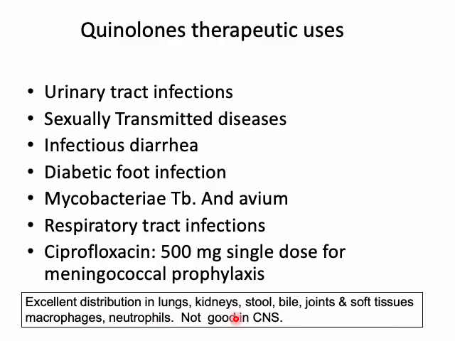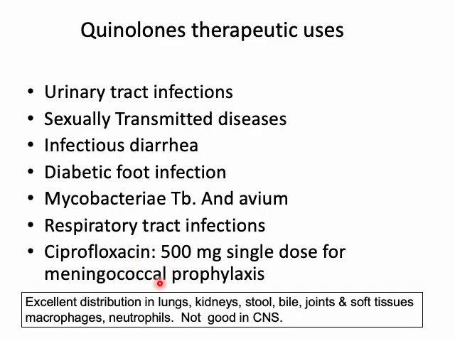However, it's not good for CNS. So if you are dealing with a patient who has meningitis, you may have beautiful in vitro susceptibility, but in vivo it won't work.